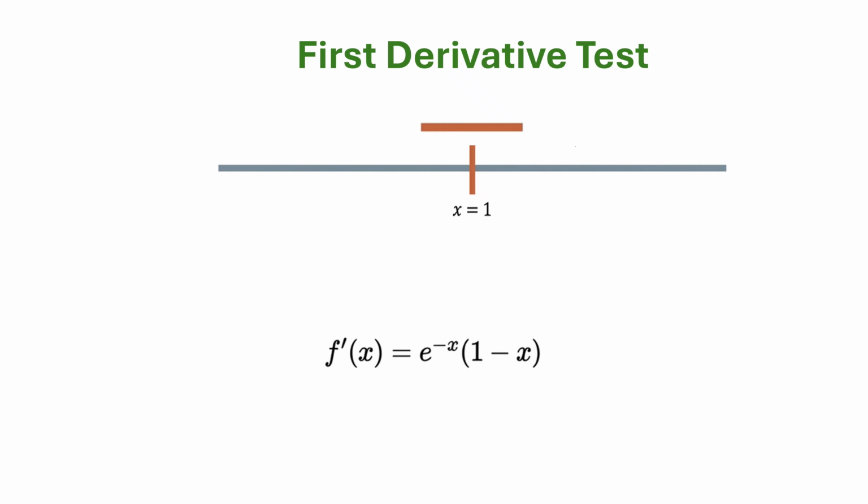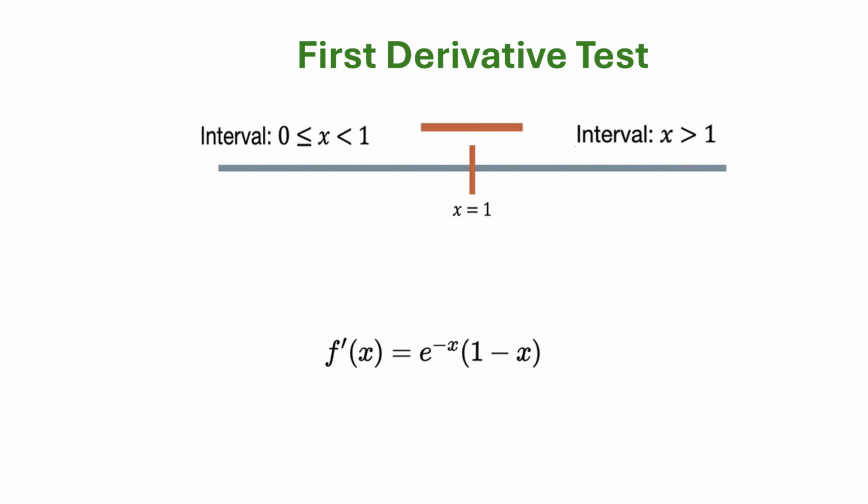As x equals 1 is the candidate for the turning point, we divide the number line into two intervals. One has all values of x between 0 and 1. We will ignore negative values of x because x here is time and time can never be negative. The other interval contains all x greater than 1.